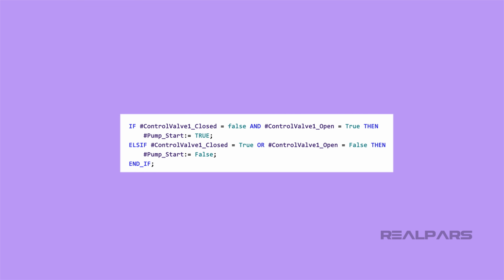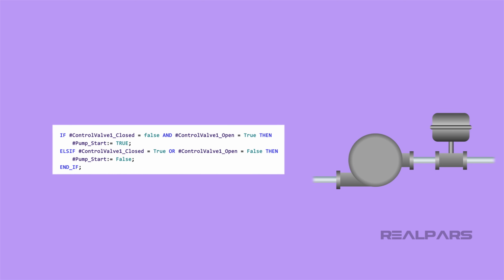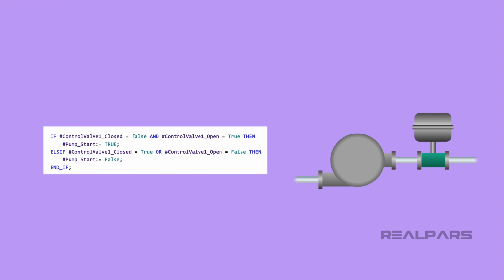To do this, you'll have the first statement and then add else below that. Next, you'll have the second statement and then add end underscore if at the end. With this routine, if the control valve 1 is not closed and it's open, then the pump starts. Otherwise, if the control valve 1 is closed and it's not open, then the pump stops.